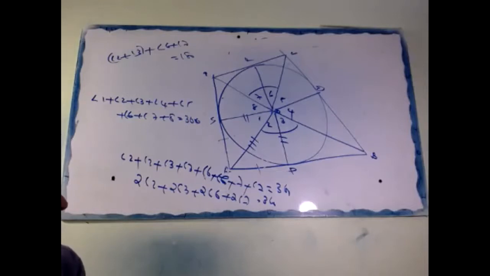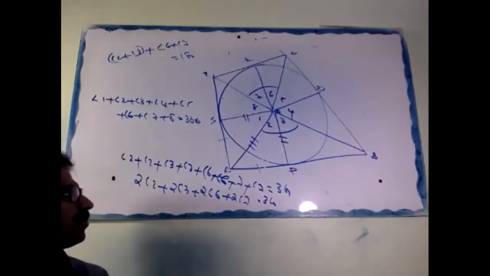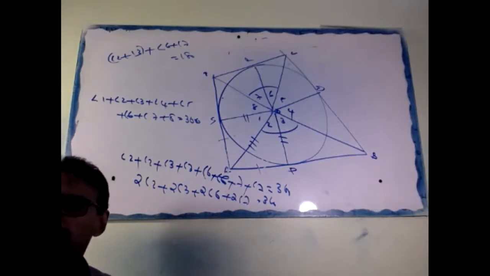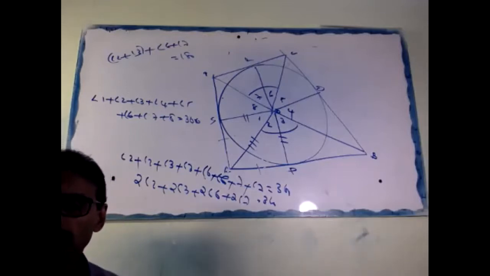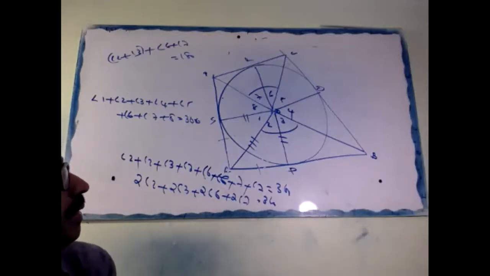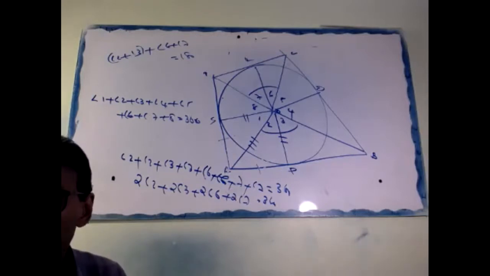So the 2 cancels. Angle 2 plus angle 3 in brackets plus angle 6 plus angle 7 equal to 180. That is angle AOB plus angle DOC equal to 180 degrees. This proves the first part.